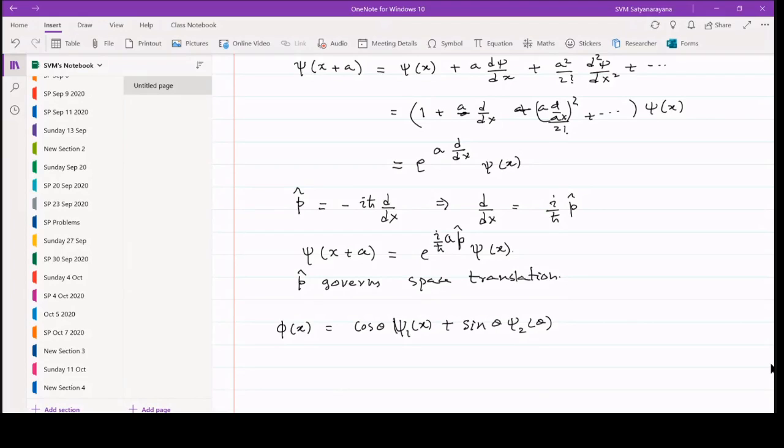This is a possible state for me. Then the probability of E1 will become cos square theta, and the probability of E2 will become sine square theta. The particular example that I have given, I don't know what kind of theta it corresponds to, 1 by root 3 and root 2 by 3, but it doesn't matter.